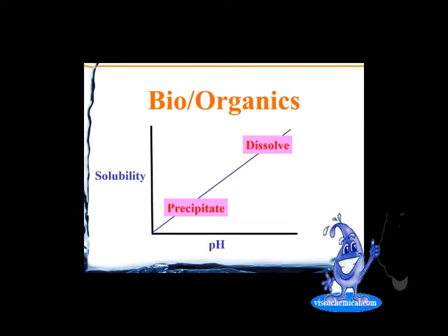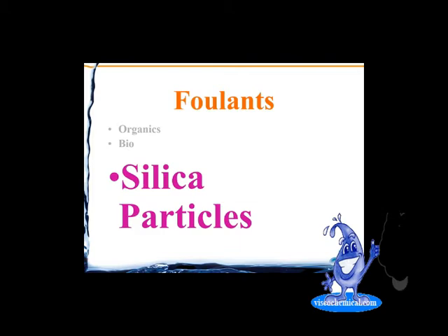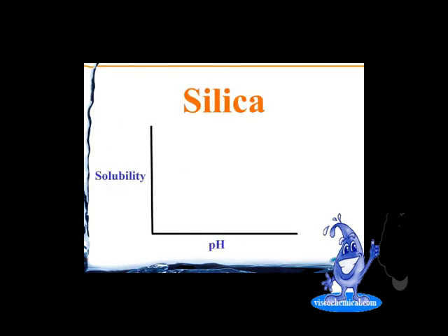Bio is essentially organic. The cytoplasmic membrane and cell wall around a bacterium is all organic, so it's the same type of thing. We can use caustic, detergents and proprietary cleaners for that. Then silica particles, if we actually want to dissolve them, we'll see that the minimum solubility of silica is in a pH of 7 to 8 range.